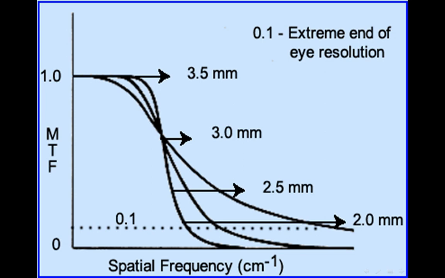So this imaging system is the worst one, because the MTF value is around 0.1 for 2 millimeter gap.